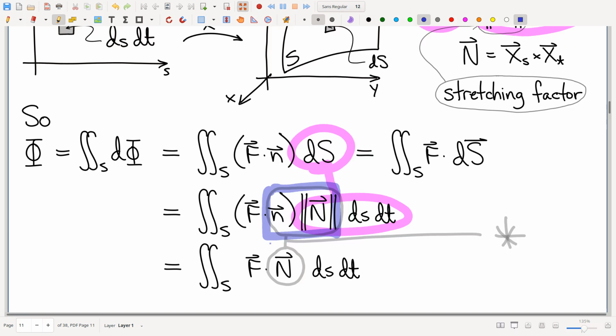So I'm going to argue inappropriately as follows. This product here, well, I know it's pointing in the direction perpendicular to the surface. Well, so does capital N. This product has magnitude, which is the magnitude of capital N, just like capital N. This product here, little n times the magnitude of capital N, seems to be pointing in the same direction and having the same magnitude as capital N. And so I invoke the looks-like-a-duck, quacks-like-a-duck argument.